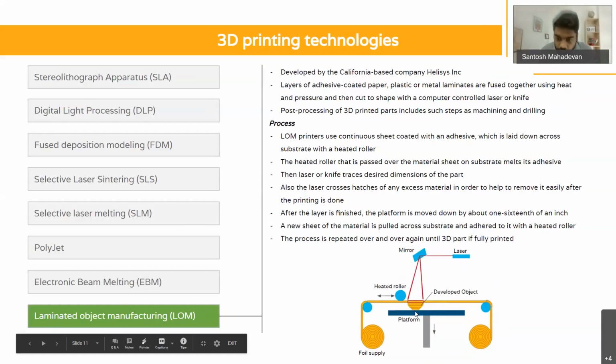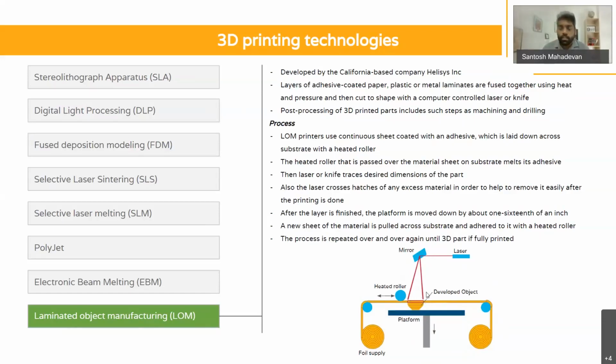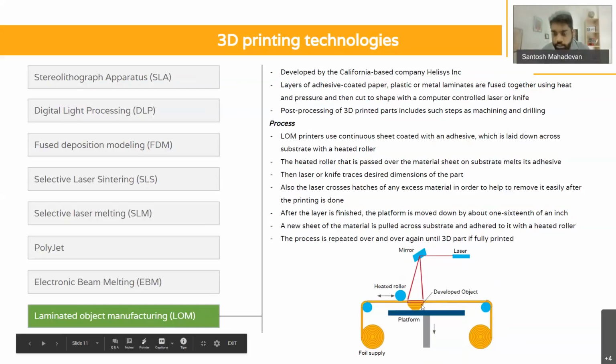So in the case of the first layer, imagine that the platform is at this height. So the roller heats the laminate and it activates the adhesive. Okay, immediately a laser is used to cut out the cross section.